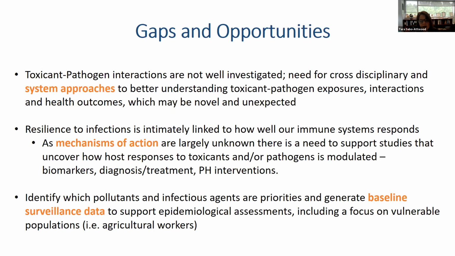And then lastly, I want to make the point that identifying which pollutants and agents are priorities is important. And along those lines, generating baseline surveillance data to support epidemiological-based assessments is needed, including a focus on vulnerable populations. So we are trying to do this kind of work, for example, in agricultural workers, where we're looking at PM exposure and respiratory infection susceptibility.